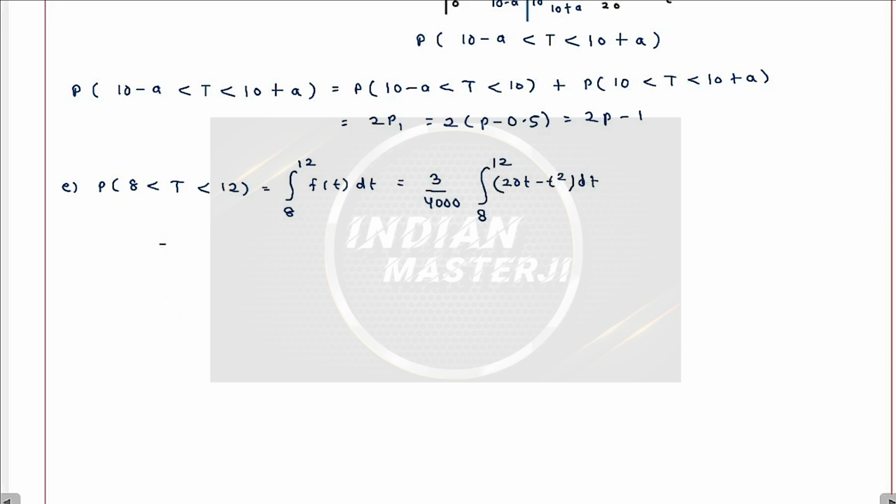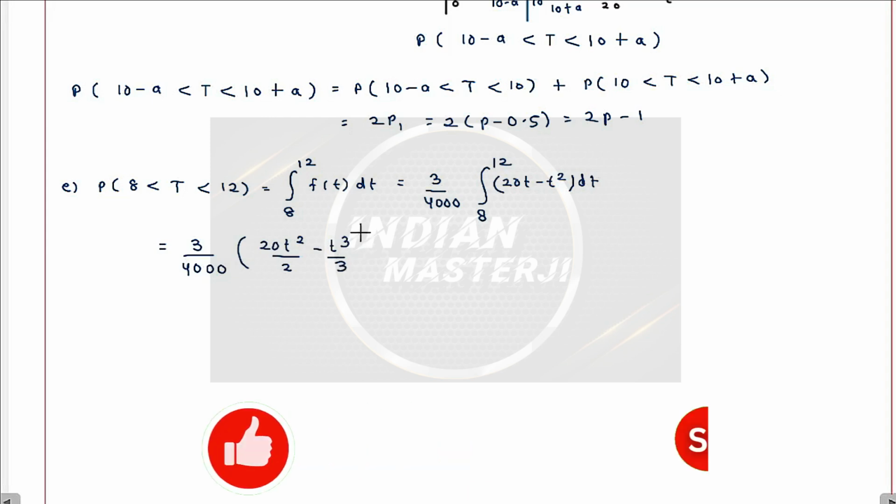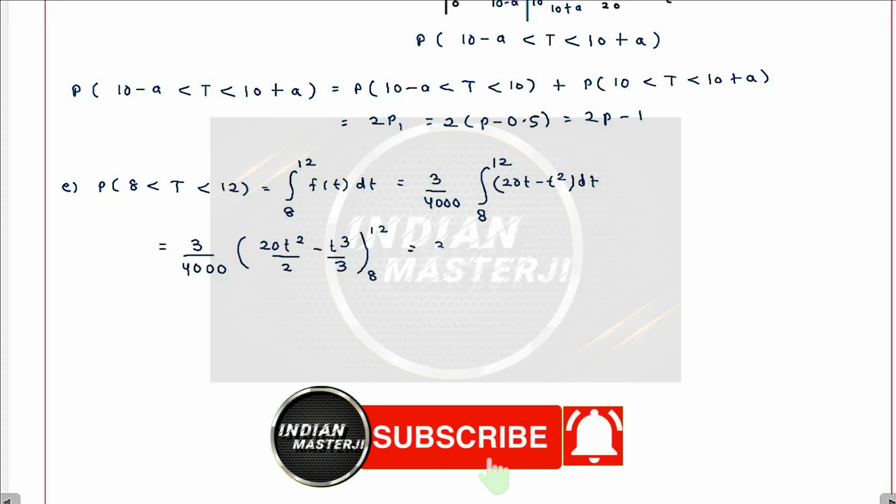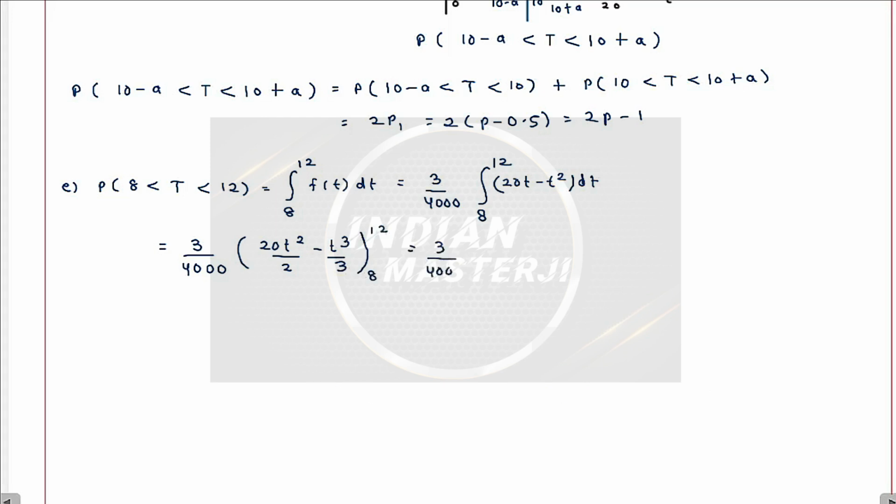If I integrate this, I get 3 by 4000 into 20t square by 2 minus t cube by 3, when t is varying from 8 to 12. So let's substitute the limits. I get 3 by 4000, and if I put 12, 12 square is 144 and 144 into 10 is 1440, minus 12 cube divided by 3.